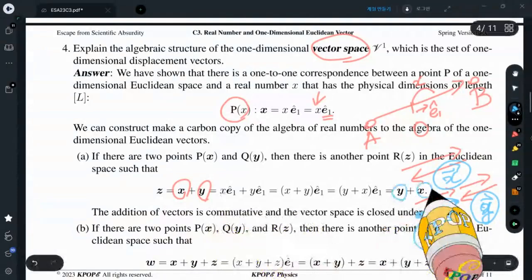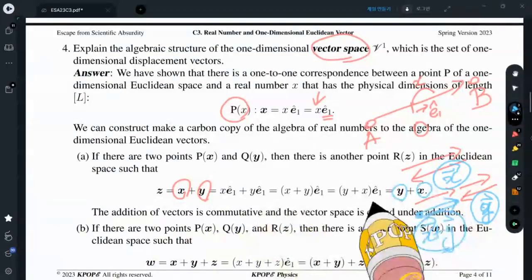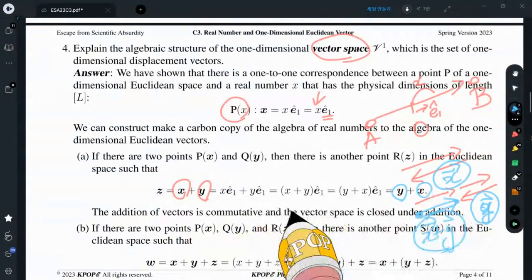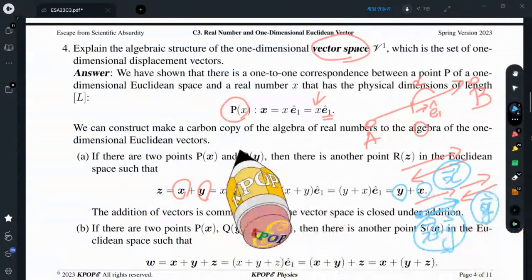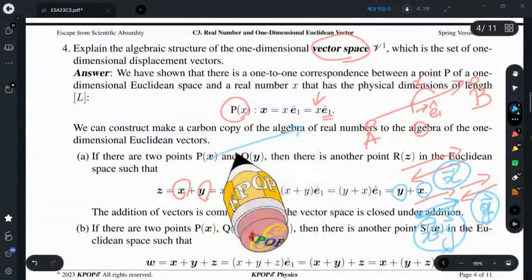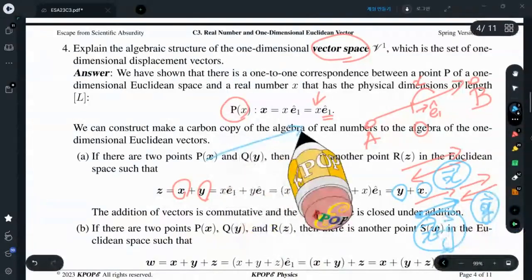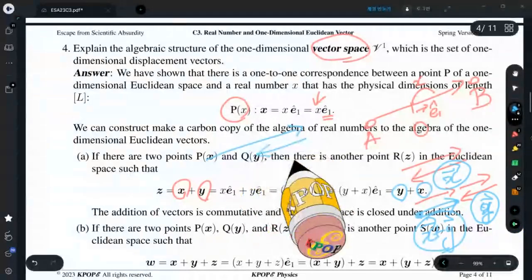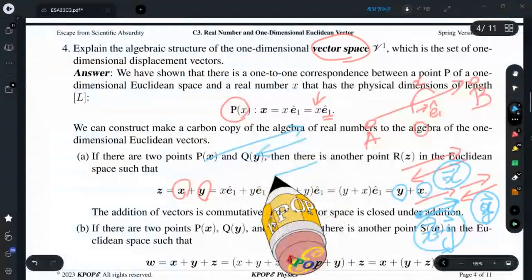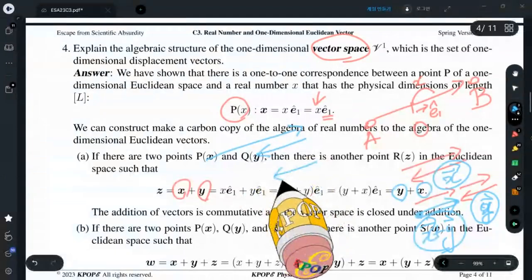Why? Not because we learned it in mathematics, but because we know. Go to the right by 2 steps, to the left 1 step, or 1 step first and then the other.